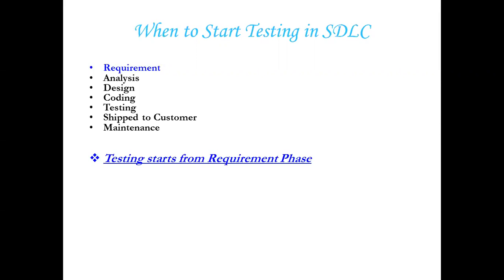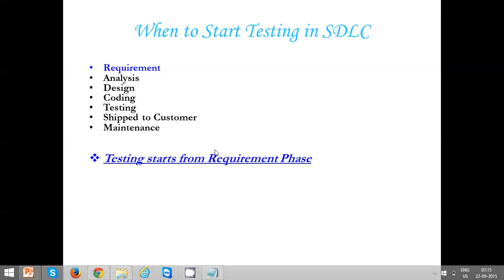Once the entire design is completed and you are ready for coding, who does the coding? This is a question to you all. Who does the coding? The software developer does all the coding, and then we are the testers.